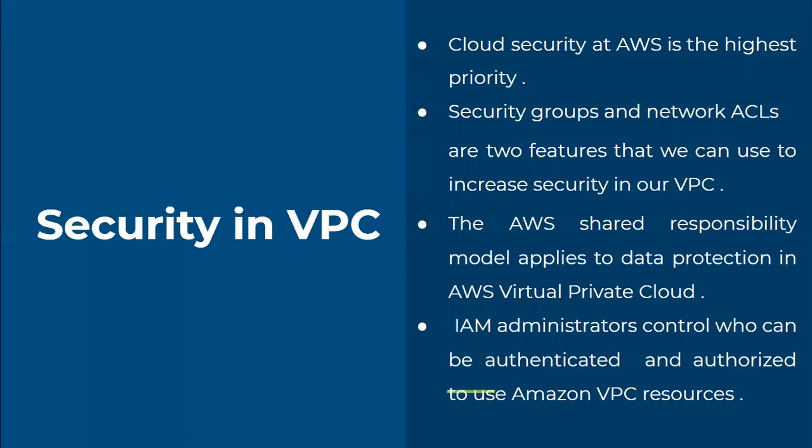These are the two features used by VPC to increase security. The next thing is the AWS shared responsibility model applied to data protection in the AWS Virtual Private Cloud. And IAM administration controls who can be authenticated and authorized to use the Amazon Virtual Private Cloud resources.